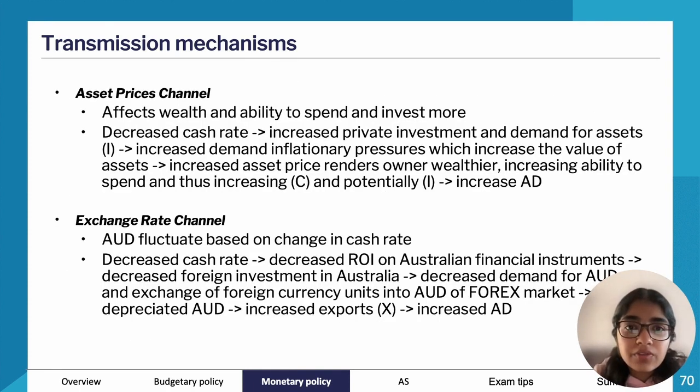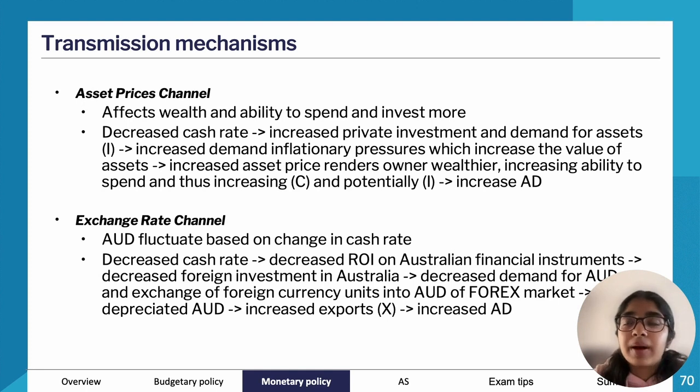Okay, so here are a few more of our transmission mechanisms, and that includes our asset price channel and our exchange rate channel. The asset price channel affects our wealth and our ability to spend and invest more money. Basically, let's say interest rates are really, really high, like they are right now.